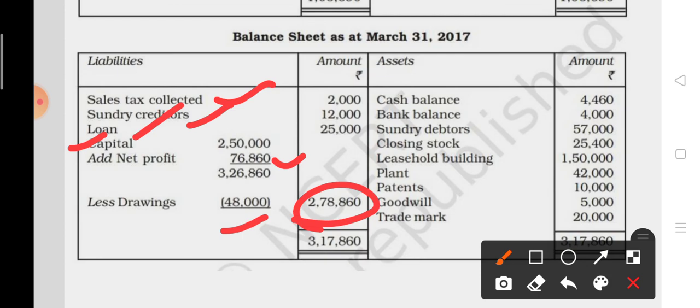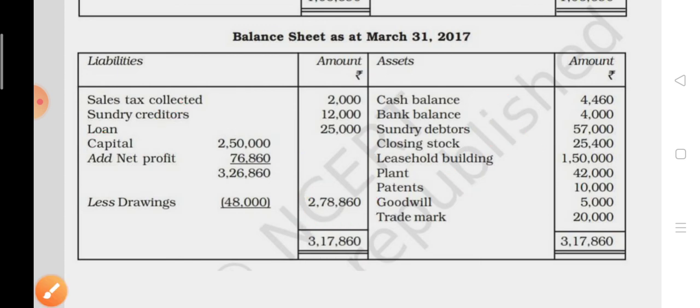Now assets, if you know what are assets, you can easily find out. So assets: cash, bank, sundry debtor, closing stock, leasehold, plant, patent, goodwill and trademark, these all are assets. So this you have to write down in the asset side, and after that you can make the total.